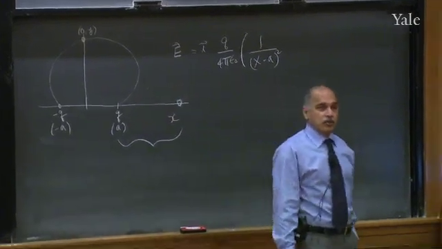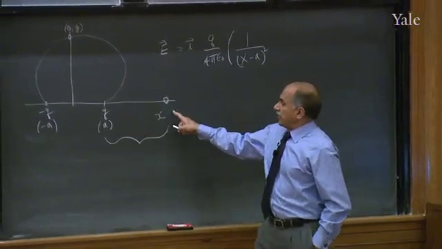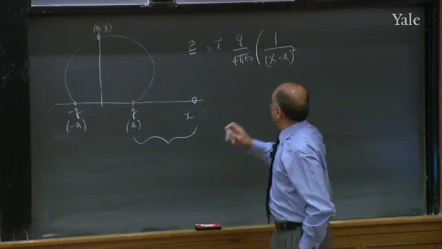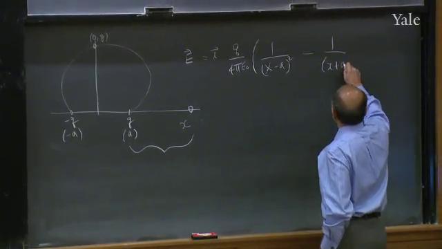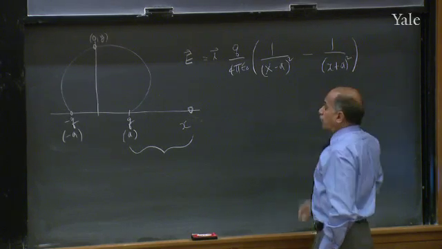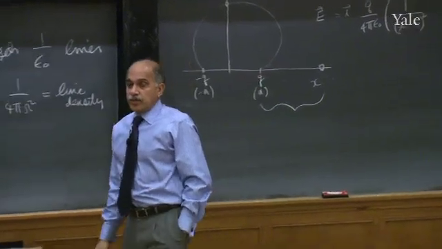That's the repulsion due to the charge that's nearer to you. Then there's the attraction due to the minus q, but it's a little further away, so it looks like a minus sign, but it is (x plus a) squared.